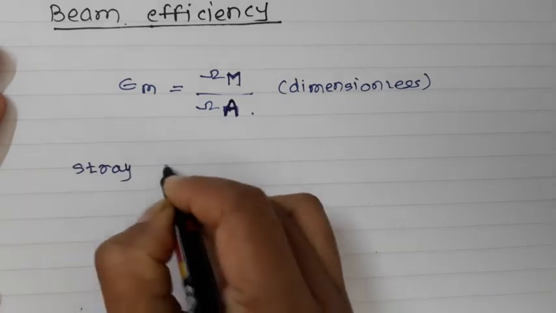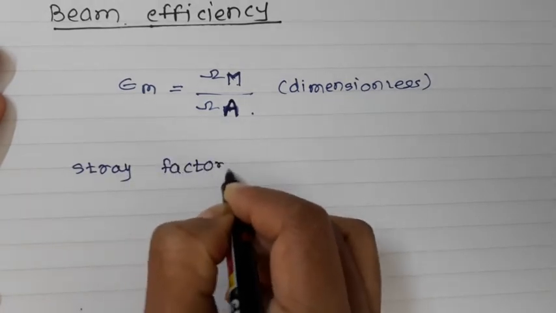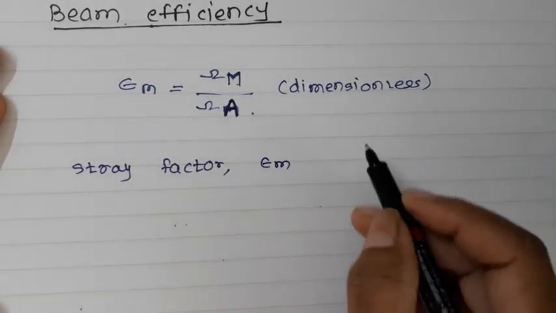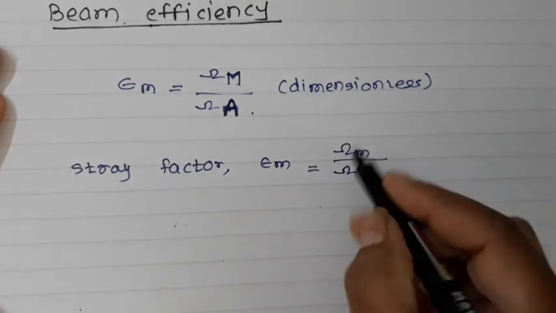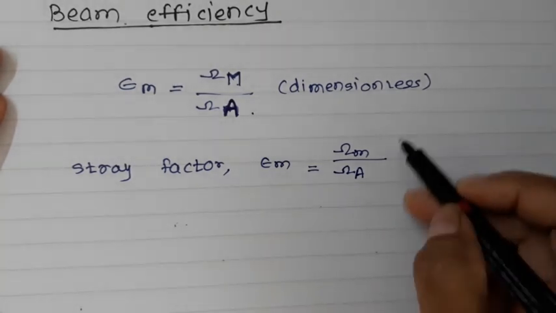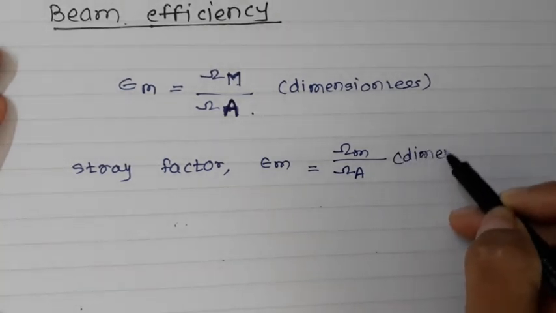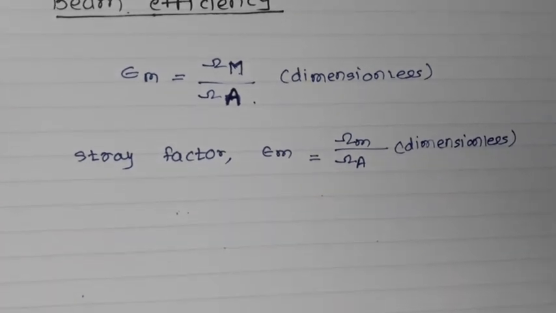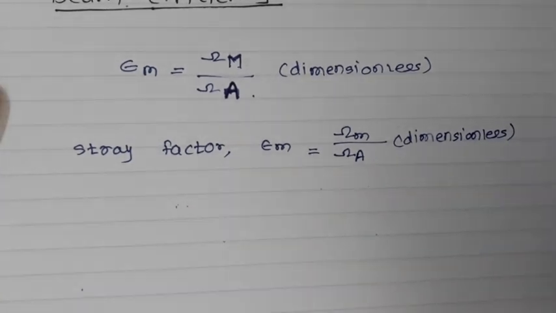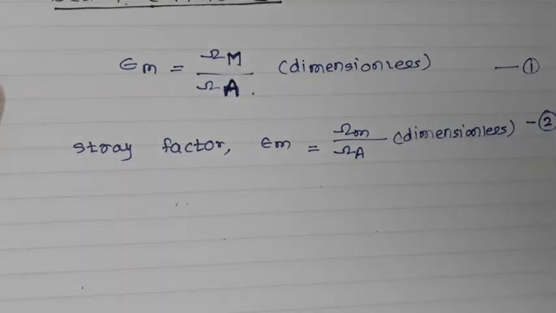So stray factor is nothing but the ratio of the minor lobe beam area to the total beam area. Again, this is a dimensionless quantity, as it is a ratio. Now, this is my equation number 1 and this is my equation number 2. I'll add both equations to get the third equation.